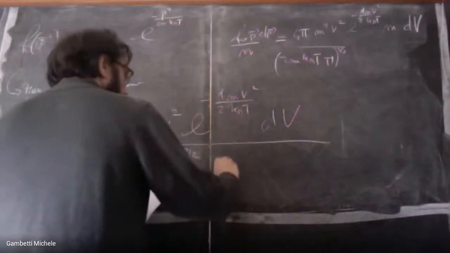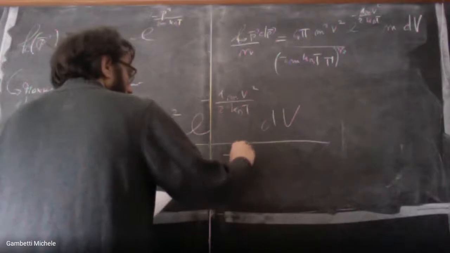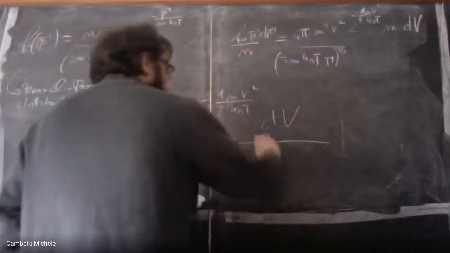Then I have a mass to the minus 3/2, and I have a pi divided by 2.